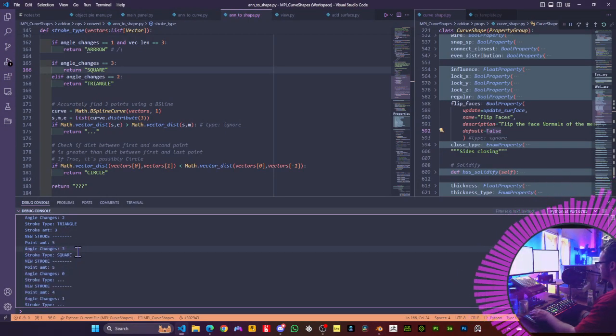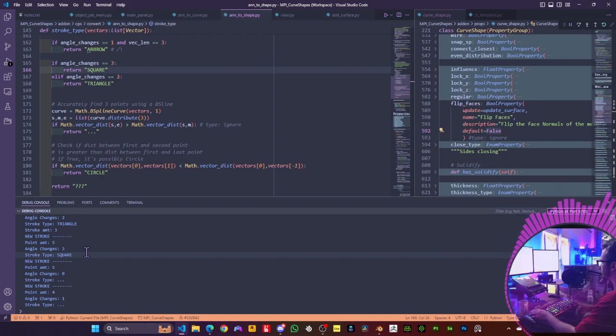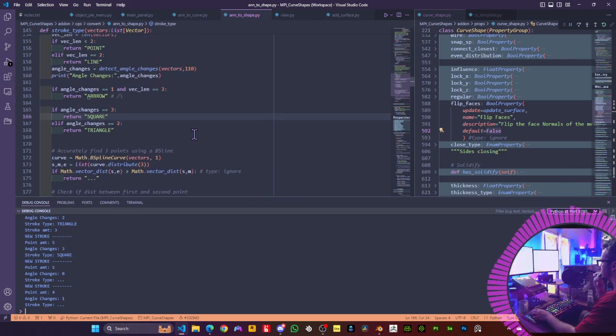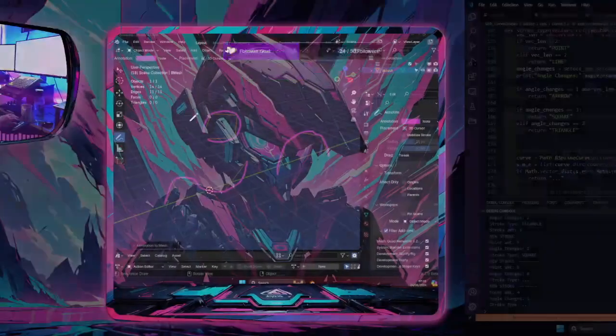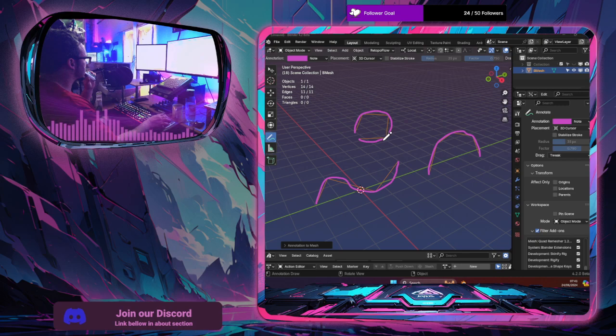Okay, that's bad. Square. That's not a square. Does look like a square, but it's not a square. Yeah, those angle changes that I changed, what I changed here, 110, that's way too much. Because, as you can see here, that kind of looks like a square.